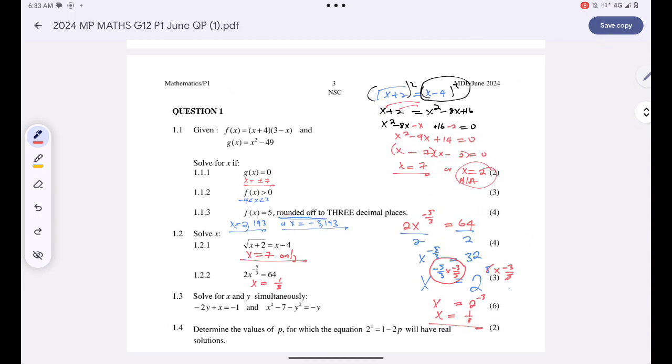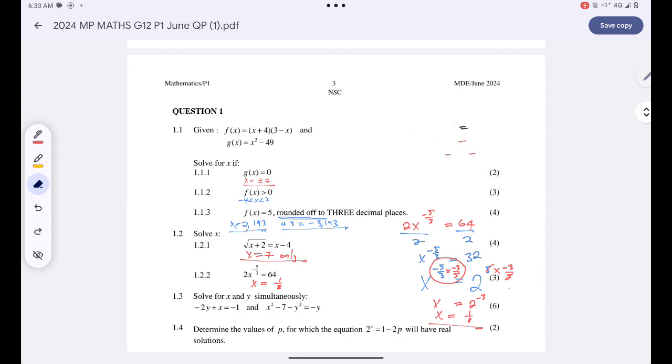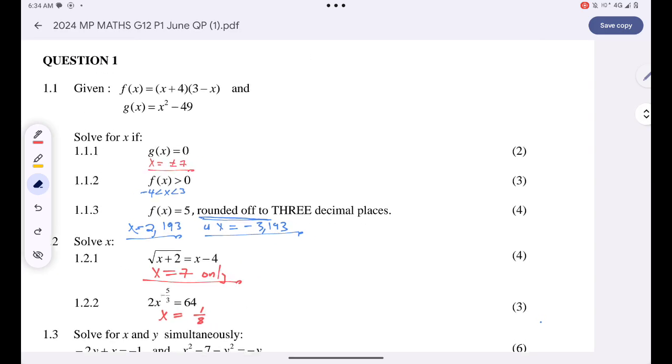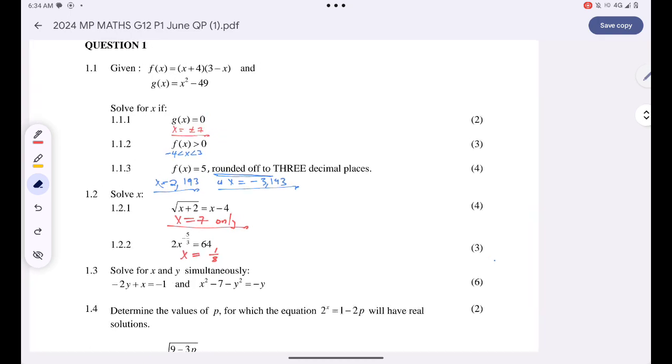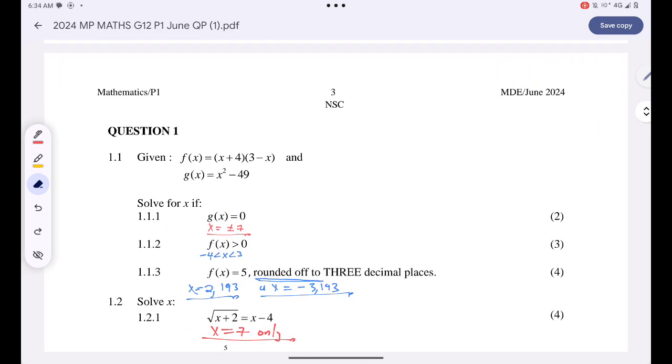Okay, and then now I'm supposed to solve my simultaneous equation. I'm given a simultaneous equation. I'll just write it down there in a minute. I'm still creating room. Okay, I simply have, for my first equation, negative 2y plus x is equal to negative 1.